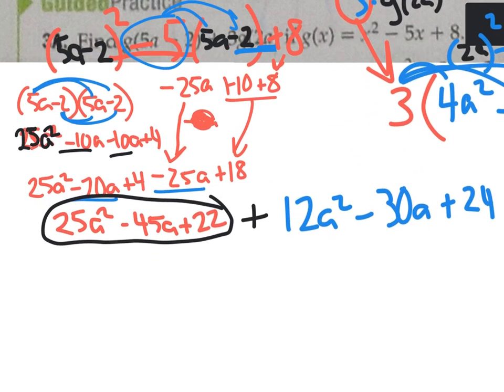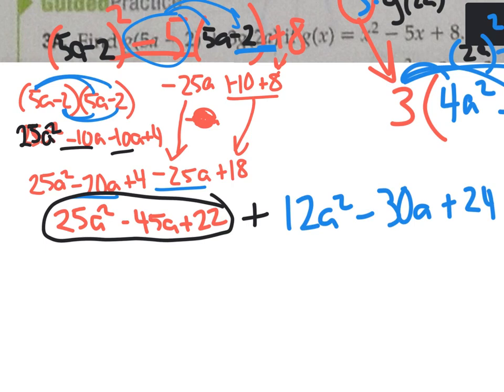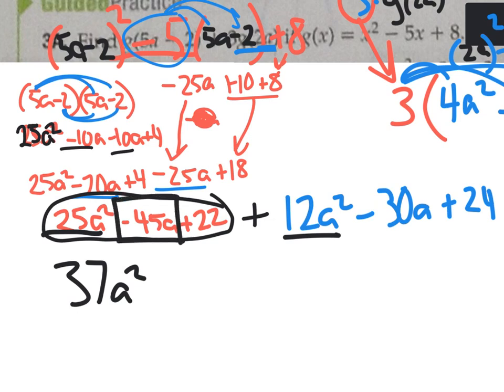So if I take a look at the polynomial, let's combine the terms that are alike. I want to start with the 25a squared combined with the 12a squared. What do I get? 37a squared. Okay. Now let's move on to the negative 45a combined with the negative 30a. And what do we get?